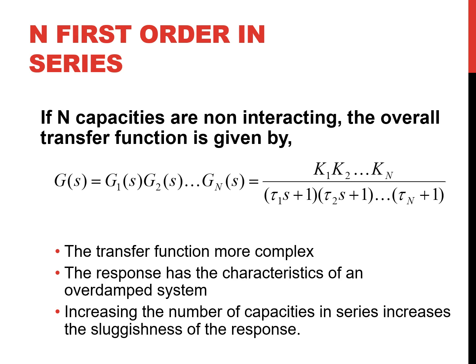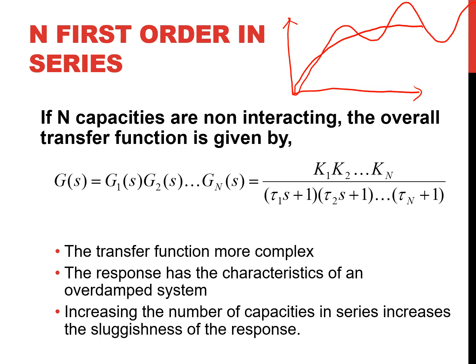So what is sluggish? Usually here, if you have the graph, this is like an overdamped system. An overdamped system is okay because it keeps increasing and then reaches the steady state by the end of the operation. But sluggish means sometimes you can have a response like this.